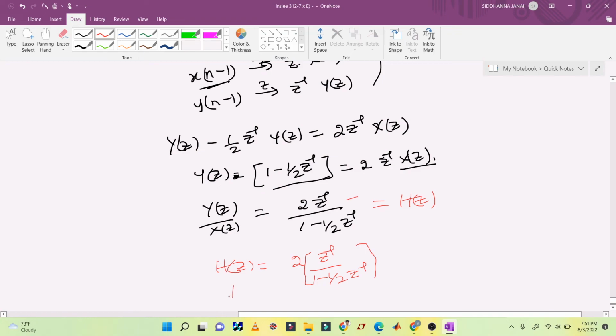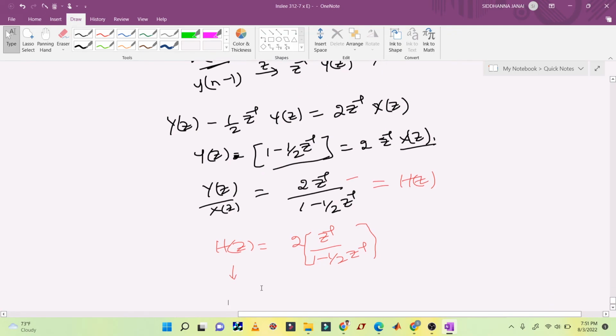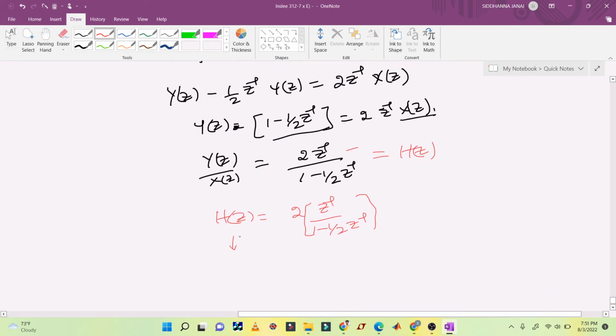Correct, applying inverse z transform we will get h of n. So what is that? We need to write it separately: 2 into z inverse multiplied by 1 divided by 1 minus 1 by 2 z inverse. Directly, no partial fractions are needed, just apply your knowledge of the z transform and its properties.